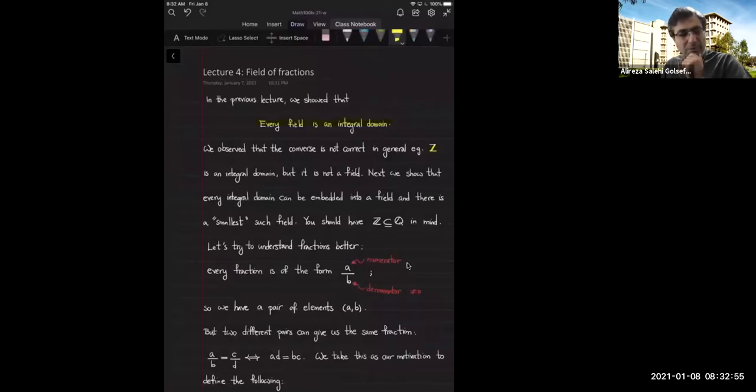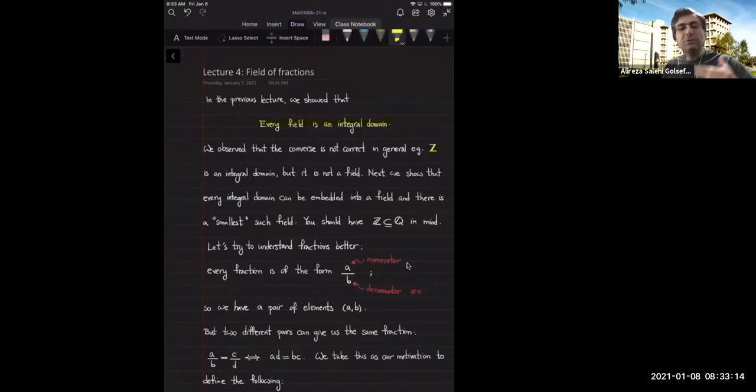Now, next, what we want to do is construct a field that contains a copy of a given integral domain. The whole process is kind of like having rational numbers compared to integers. Having the integers, we can construct rational numbers.